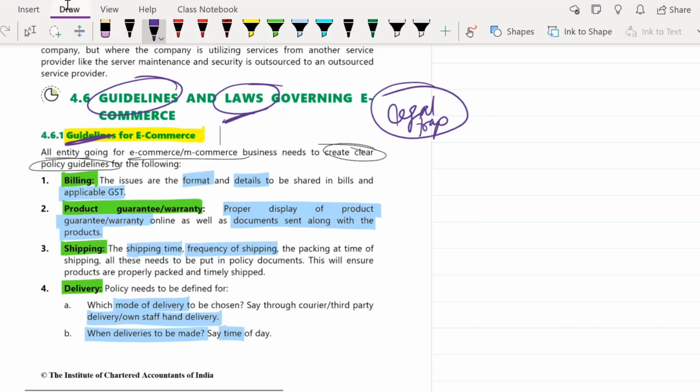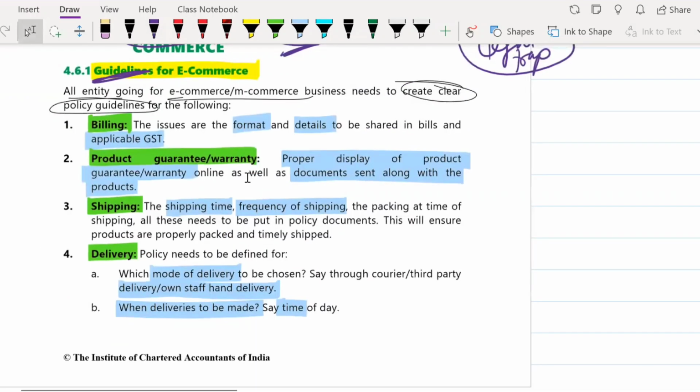So, guidelines for e-commerce. Whether it is e-commerce or m-commerce, you need to have clear policy details, clear policy guidelines.